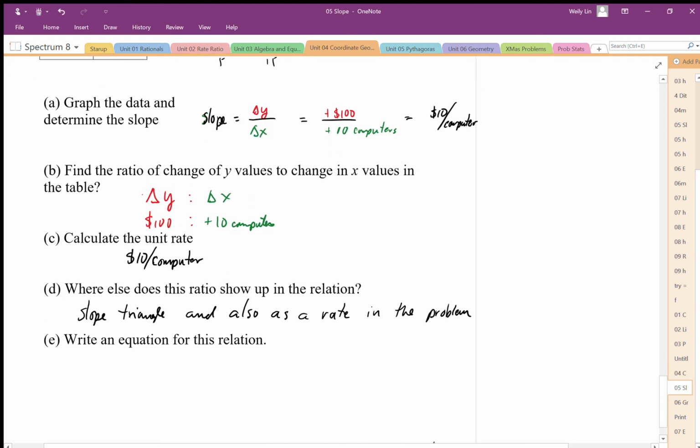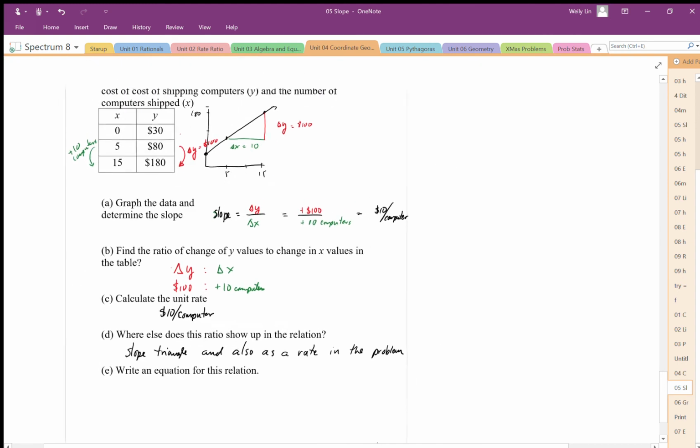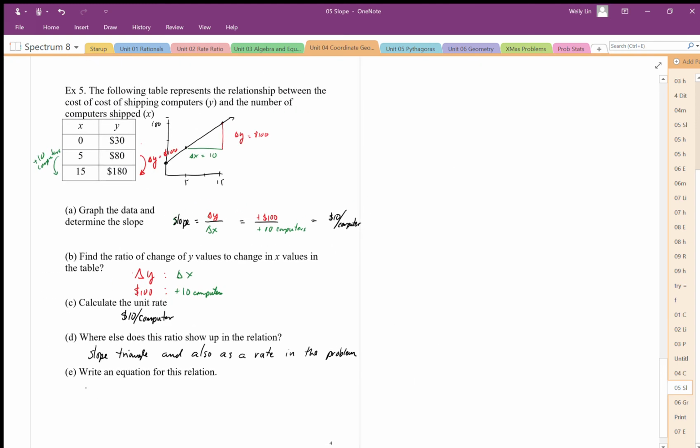What's the relationship as an equation? It's going to look like this. The total cost is going to be equal to, well, where did it start? Those are two things we look for. We look for the starting value, and we look for the change, or how it changes.